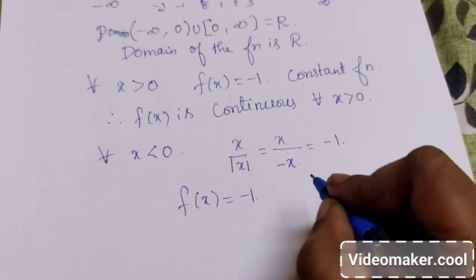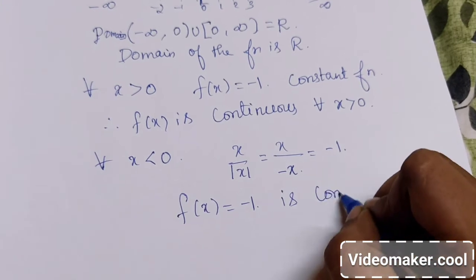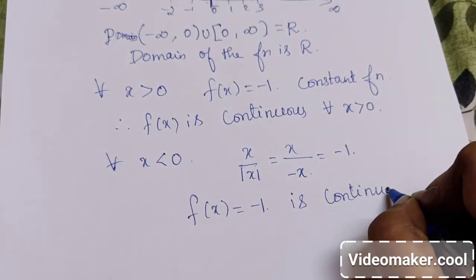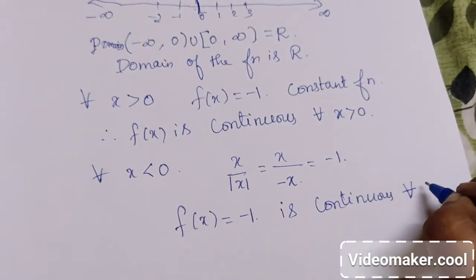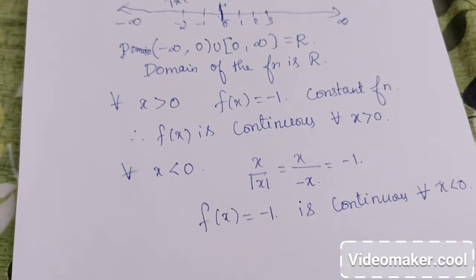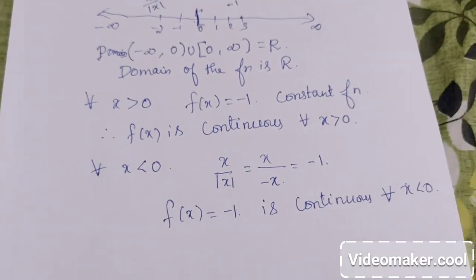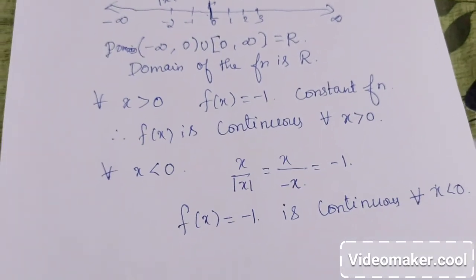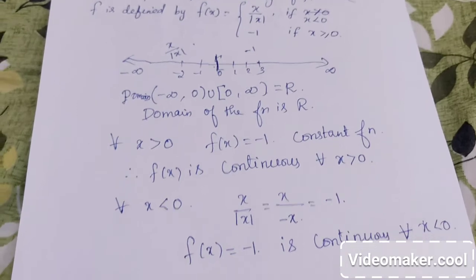So f of x is continuous for all x less than 0. Now for all positive numbers it is continuous, as well as for all negative numbers. Now we have to check the continuity at 0.